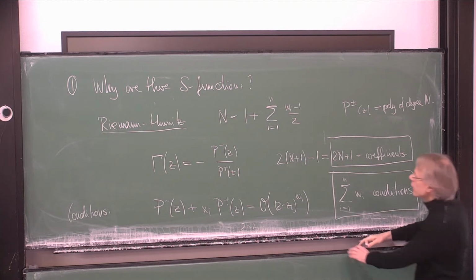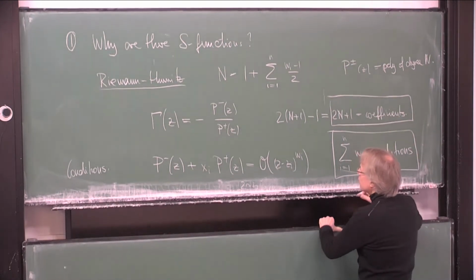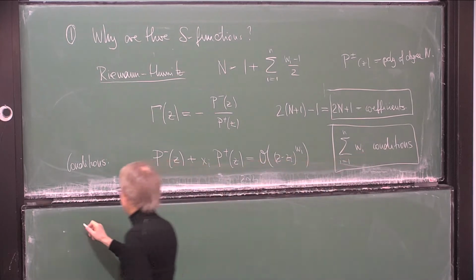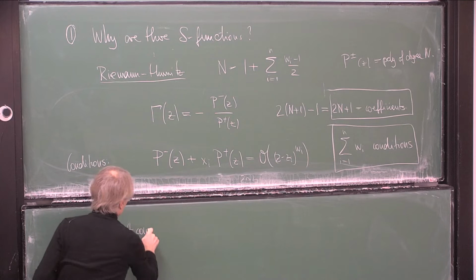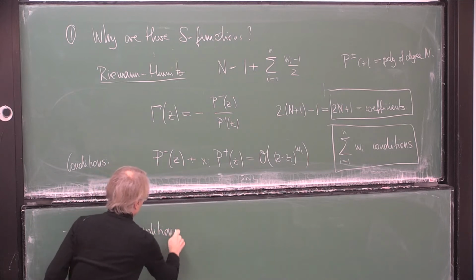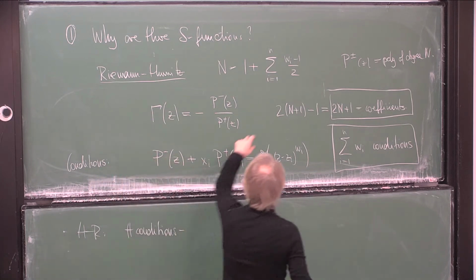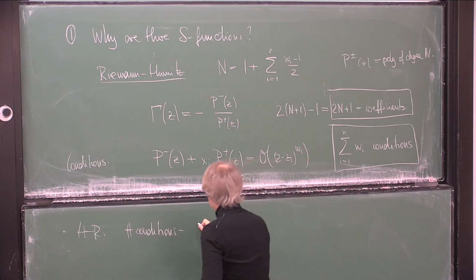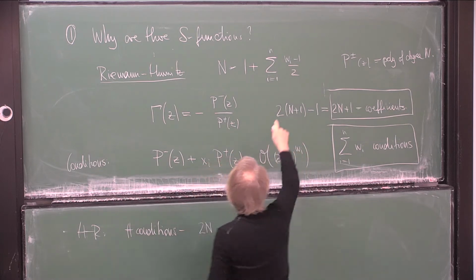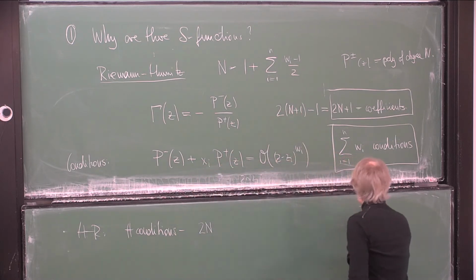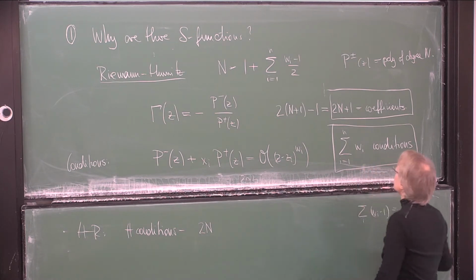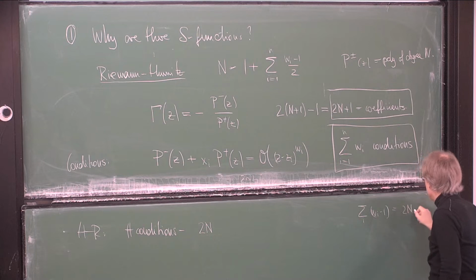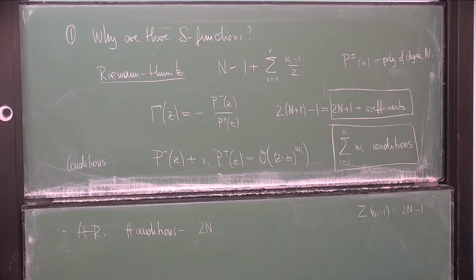But because of Riemann-Hurwitz, the number of conditions is the sum over wi, but if I solve this, what is this? The sum over wi minus 1 is equal to 2n minus 2.